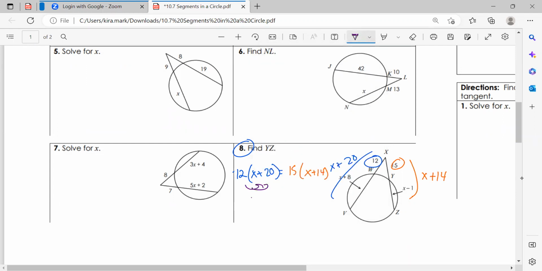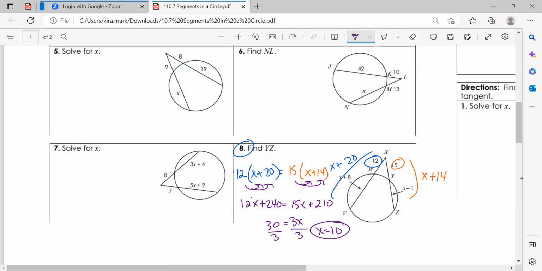Distribute the 12 and distribute the 15. 20 times 12 gets me 240. 15x, and then 15 times 14 gets me 210. I get 3x, and then 240 minus 210 gets me 30. And then divide both sides by 3, I get x equals 10.